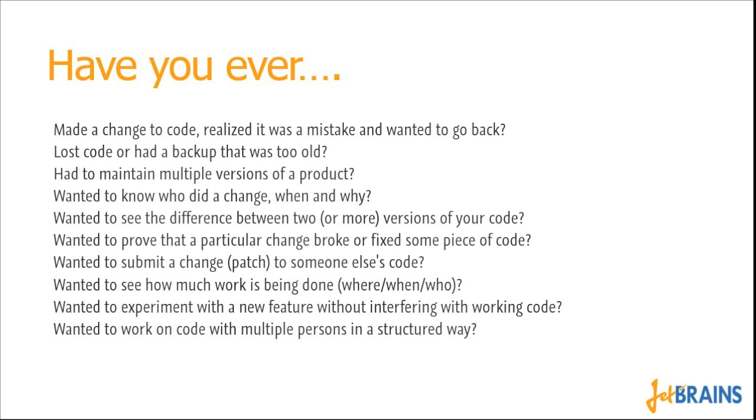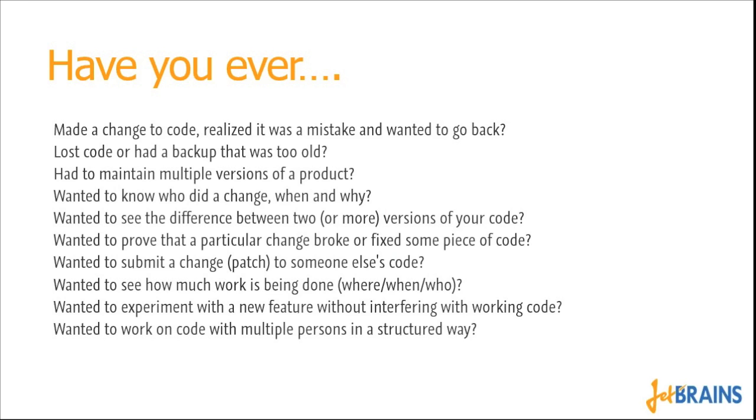Probably you've had to maintain multiple versions of a product, maybe a version 1 and a version 2 at the same time, or a version 1 and a version specific to one specific customer. Maybe you wanted to know who did a change in your team. So if you're working in a team with a couple of people, maybe someone did a change and maybe you're finding out a bug and you want to know why a certain change happened, who did this, when this was done, and perhaps why.